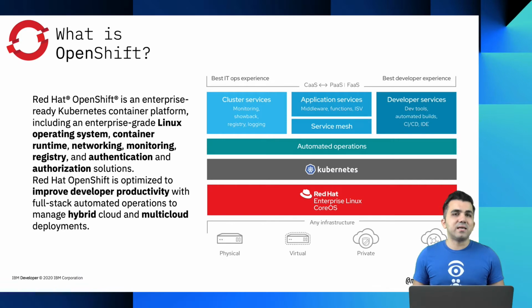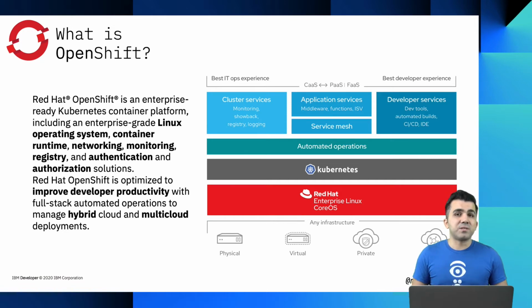As you can see here, it basically achieves that through a number of automated workflows which are not available in Kubernetes. Those automated workflows are the results of these components that are drawn in this diagram. Kubernetes is wrapped around an enterprise Linux operating system, networking, monitoring, registry, and more importantly, authentication and authorization.